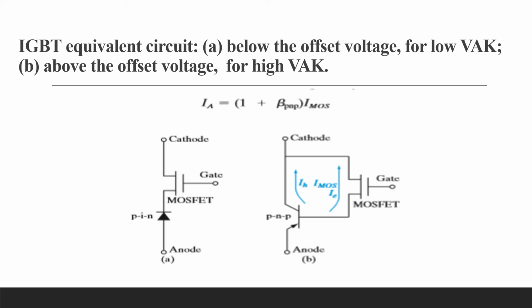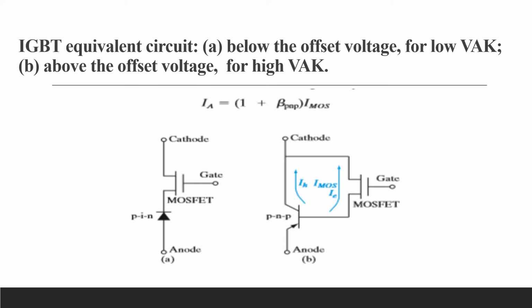Hence, the current flowing is now given by this relation: I A is equal to one plus beta of the PNP transistor multiplied by the current flowing through the MOSFET. The shape of the characteristics looks like that of a DMOS device, and this is the preferred mode of operation of the insulated gate bipolar transistor.